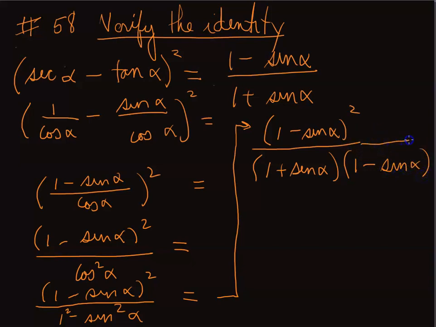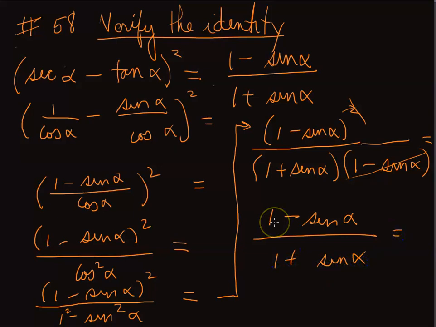And that's what we needed, because one of these 1 minus sine alphas will cancel with this 1 minus sine alpha, and we have one left: 1 minus sine alpha over 1 plus sine alpha.